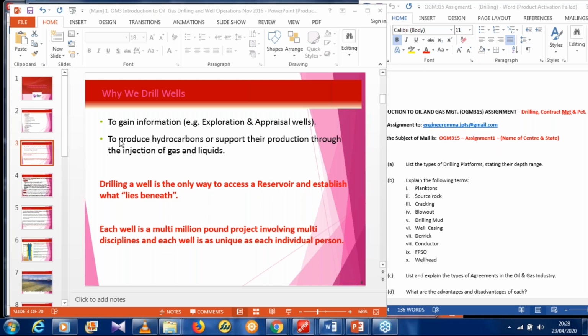Now, wells are also used to produce hydrocarbon or support production through the injection of gas and liquid, like we saw in that video earlier.